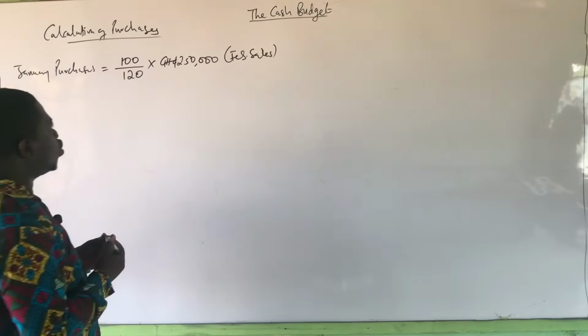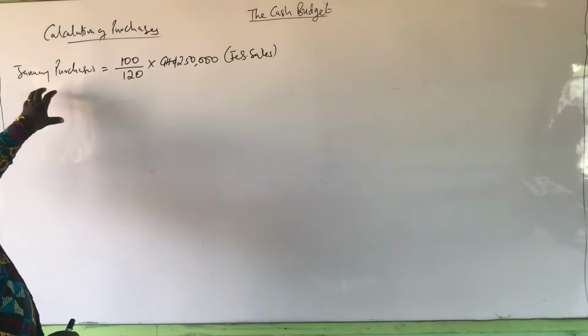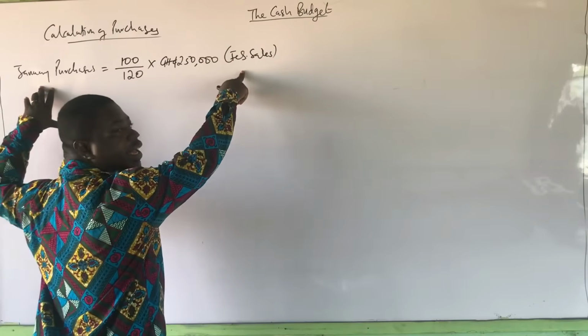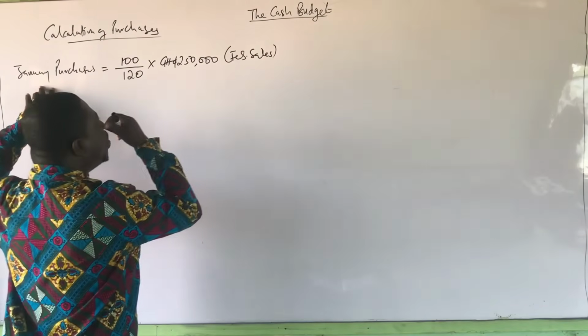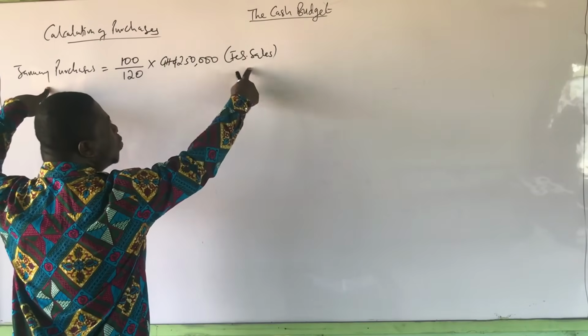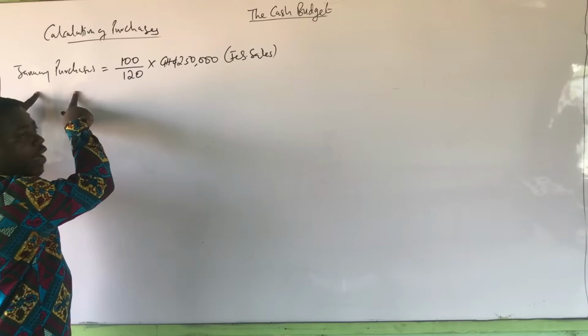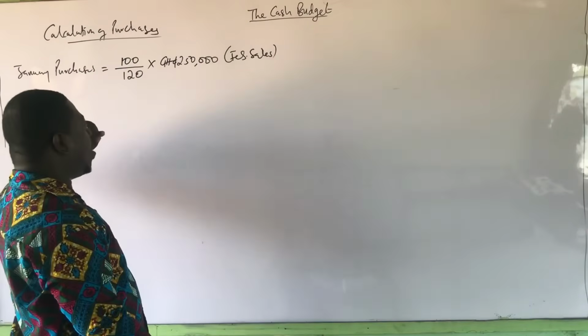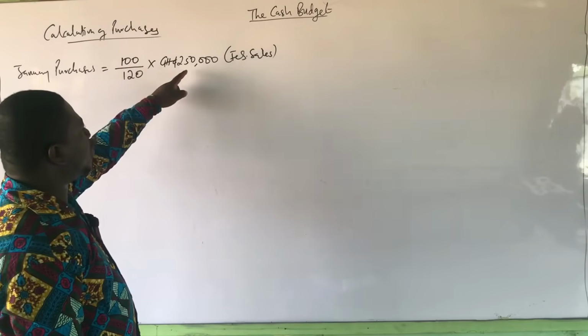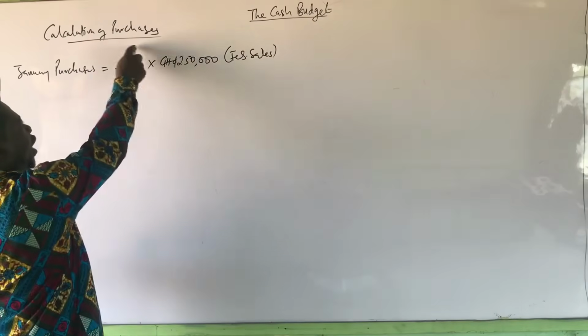Please take note. So it means that we are looking for the purchases of January, but we are going to pick it from the sales of February, because purchases are made one month ahead of sales. So the sales that was made in February is what we are going to derive our purchases from January. However, this sales figure of 250,000 already includes a profit of 20%, and we are looking for the 100%.